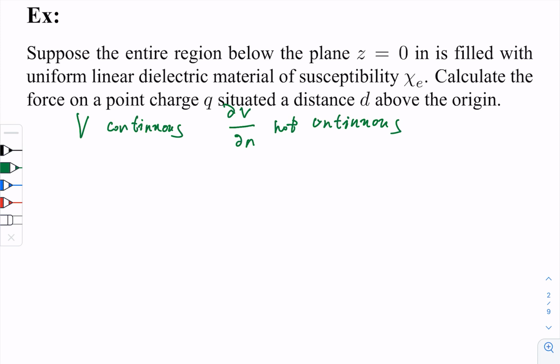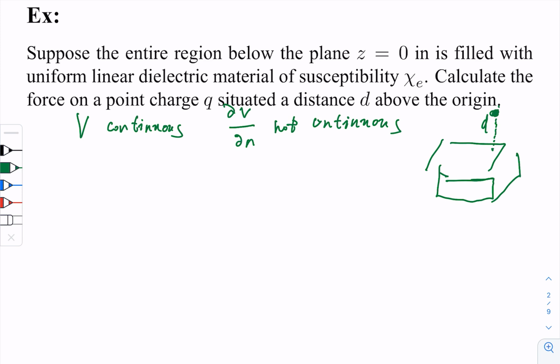In this example, we are considering a dielectric material below the xy plane, but on top of the xy plane, there is a charge Q. The distance between the charge and the plane is d.